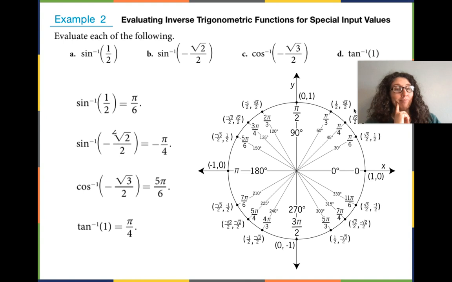Good and bad news. The bad news is, first, you're going to have a new quiz, which I will give to you in class and put in our classroom. It's going to be built on everything you already know, but it's going to be about inverse trig functions like this, so that you will have that to refer to. You're not going to have to go through this process every time.